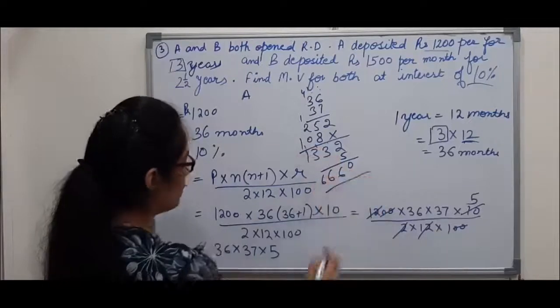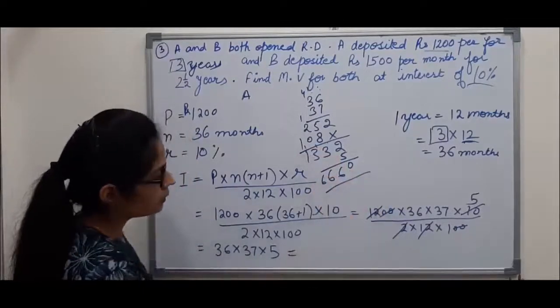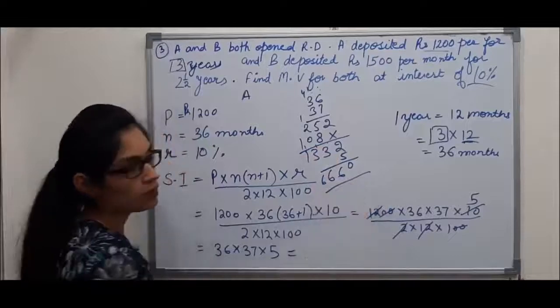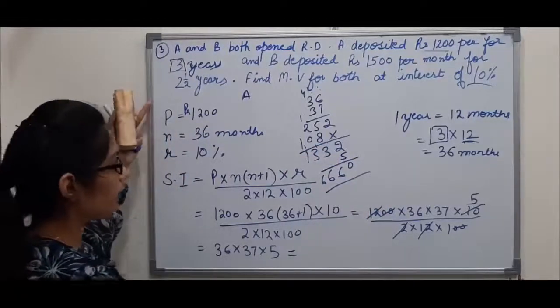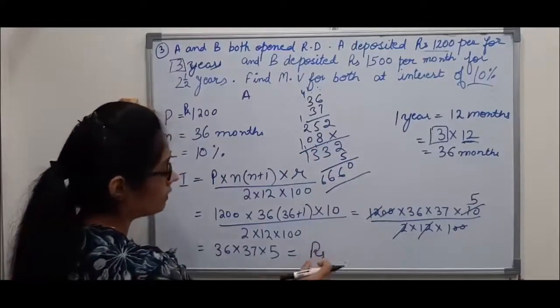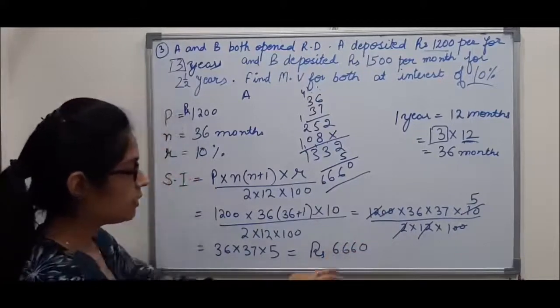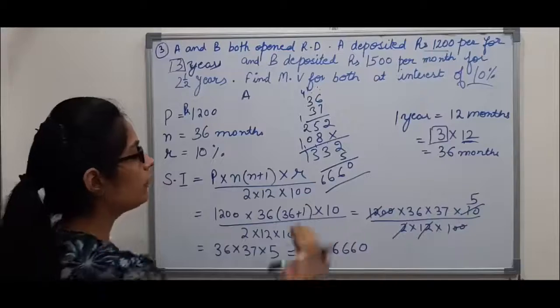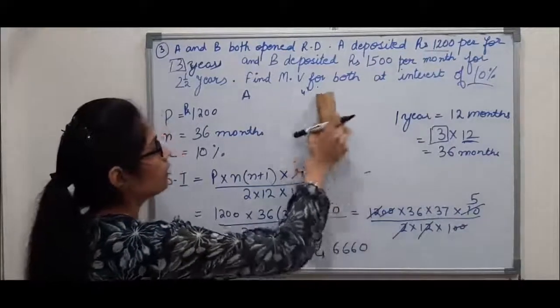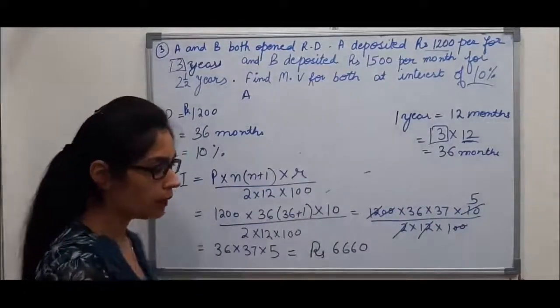So I can see the simple interest, or the interest which A will get is rupees, always write rupees, 6660. Now let's calculate the maturity value for A.